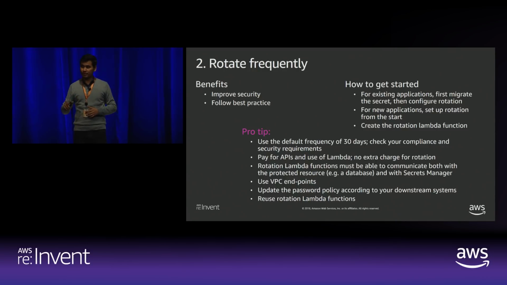Well, in those scenarios, you can update the Lambda function to provide a parameter to exclude special characters when the getRandomPassword API is called. So think about your downstream applications and keep their requirements in mind as you define your Lambda functions. And finally, instead of creating a unique Lambda for rotating every secret, try to reuse Lambdas. That's just more scalable.